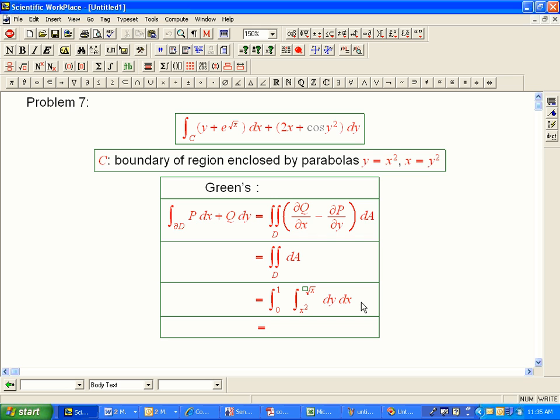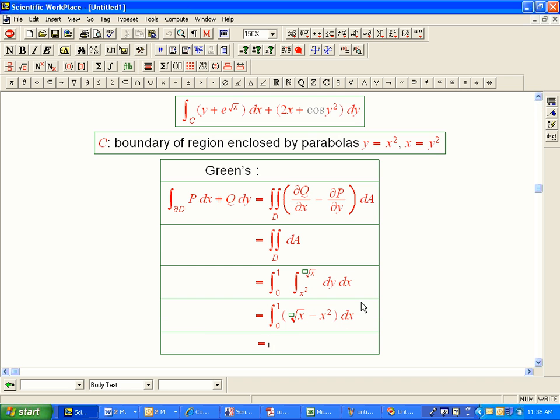And so we're going to get the integral from 0 to 1 of root x minus x squared dx, which is x to the 3 halves times 2/3 minus 1/3, equals 1/3. Okay, so it turns out to be a very simple integral.